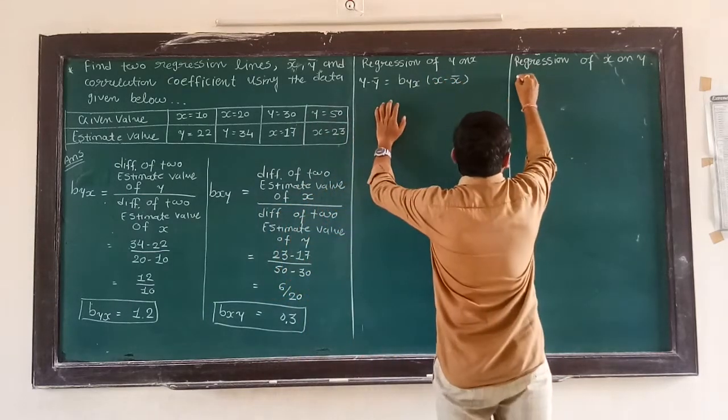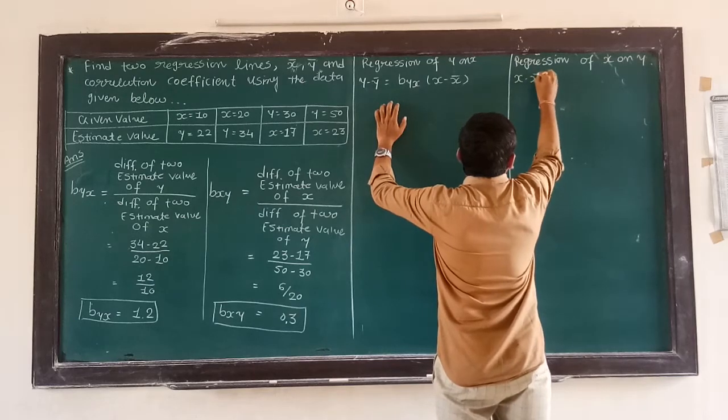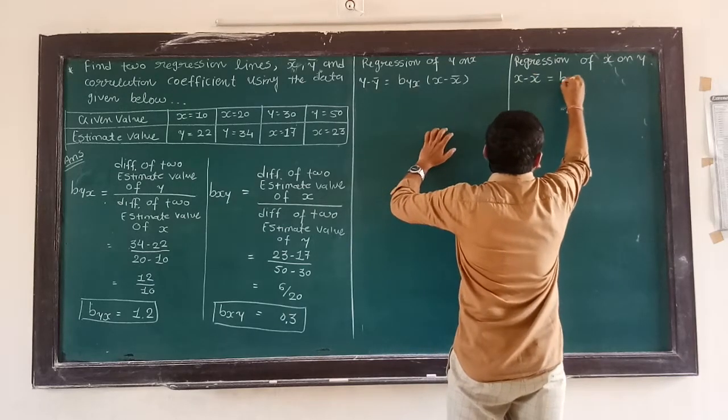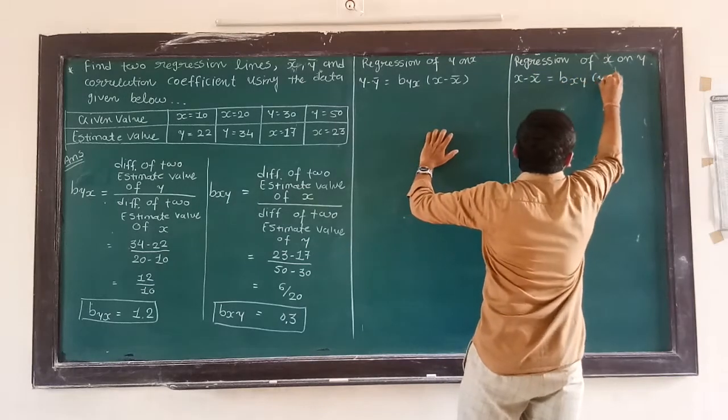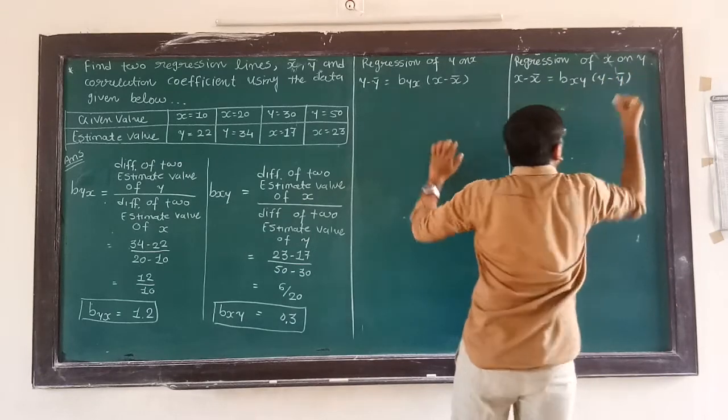The second regression line is x minus x bar equals bxy times y minus y bar.